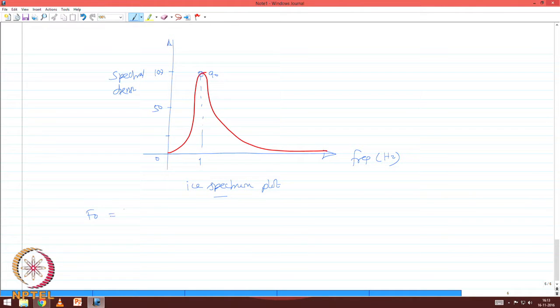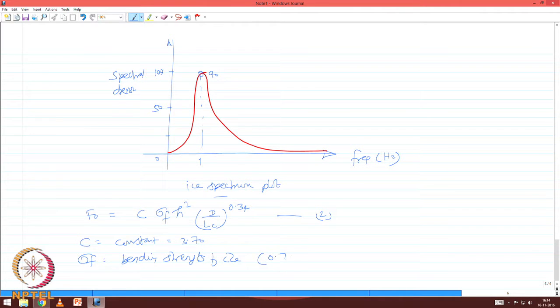F0 is given by C sigma f h square d by Lc raised to the power of 0.34, where C is a constant taken as 3.7 and sigma f is called the bending strength of ice, which is actually equal to 0.7 megapascal.